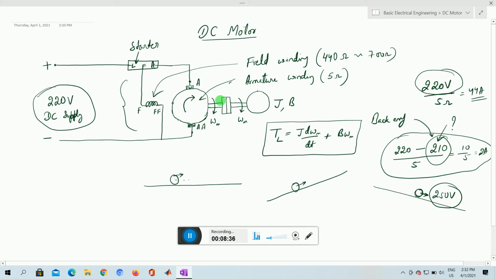So the important point that we have discussed is that this is the equivalent circuit or the circuit diagram of a DC motor that is usually seen in the book.